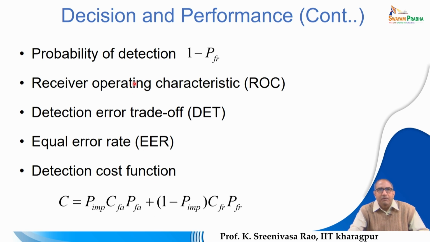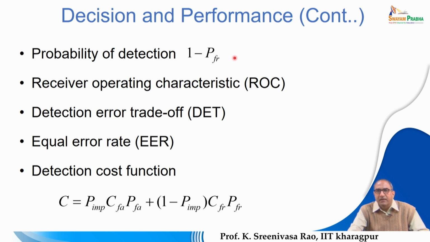The same thing I have mentioned. When you are evaluating the performance of a speaker recognition system, various evaluation techniques are used. One is the probability of detection, which is nothing but 1 minus PFR, the false rejection. Out of the detections, it tells how many were the true ones.